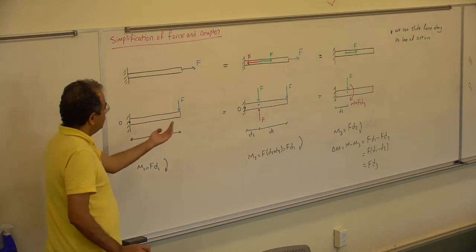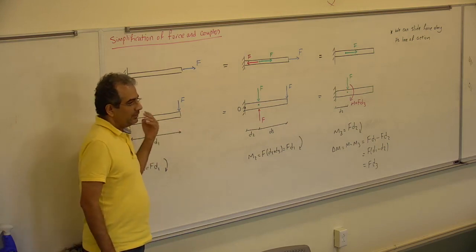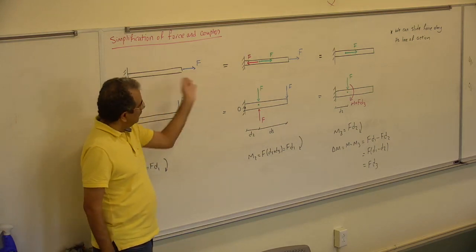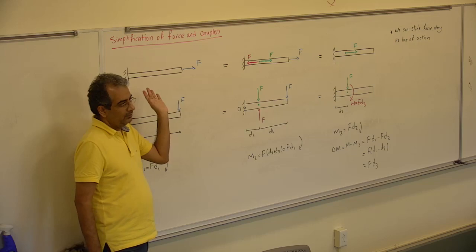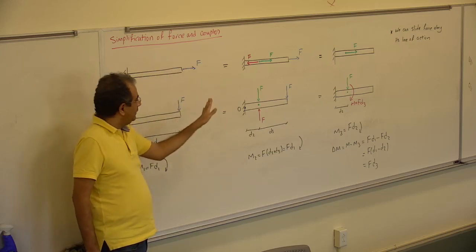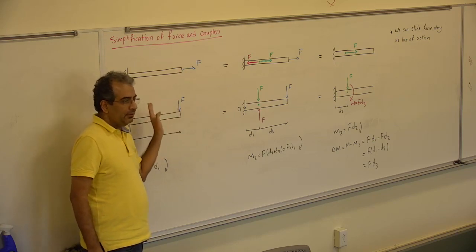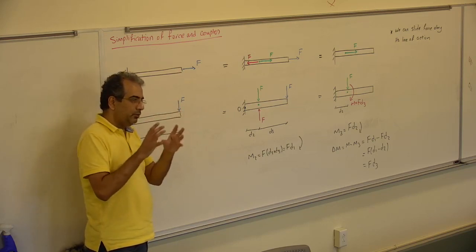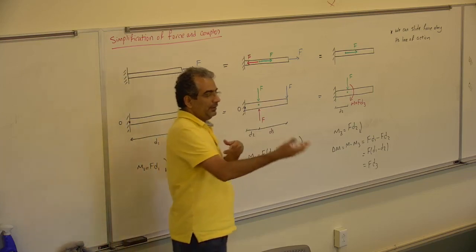So when I move the force along its line of action, that's okay. But if I move it not along the line of action, I have to compensate for the moment that either I generated or I lost.